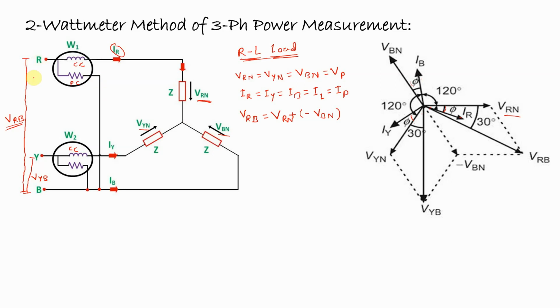So the voltage between R and B, the line voltage, can be written as VRN plus minus VBN. Similarly, the voltage across the pressure coil of the second wattmeter is VYB, because it is connected between Y and B. And VYB can be written as VYN plus minus VBN.